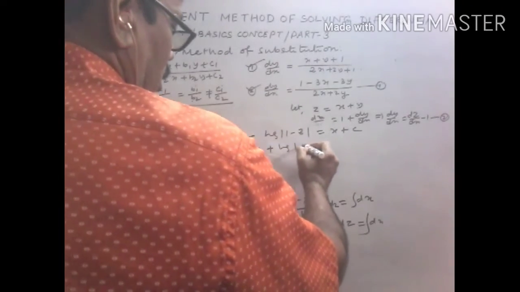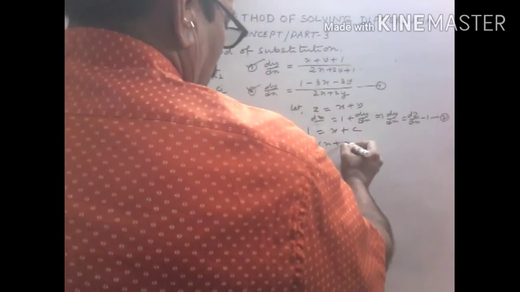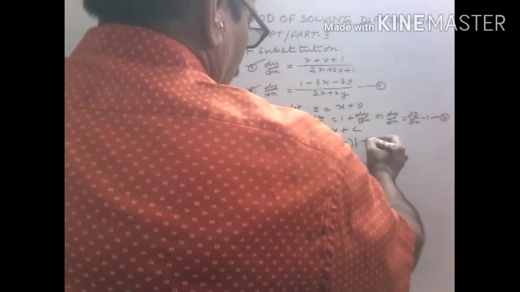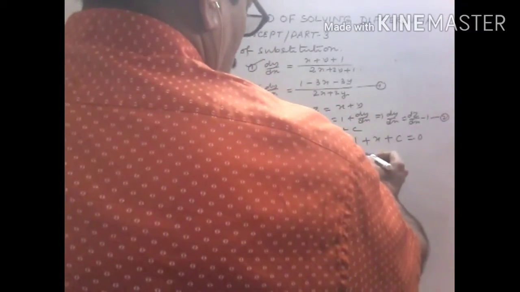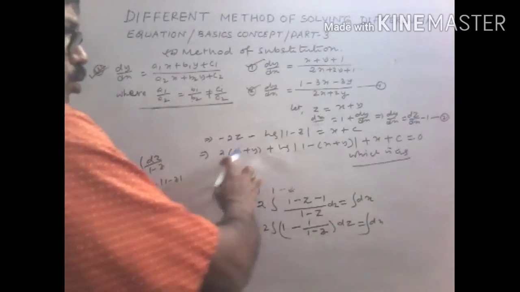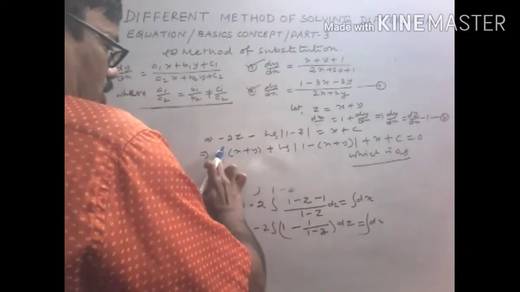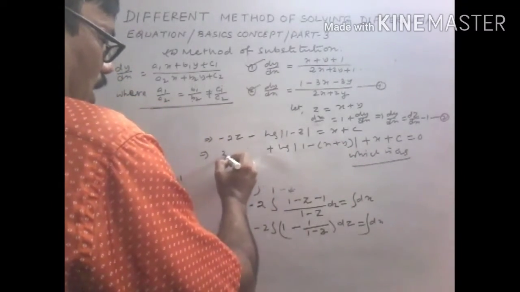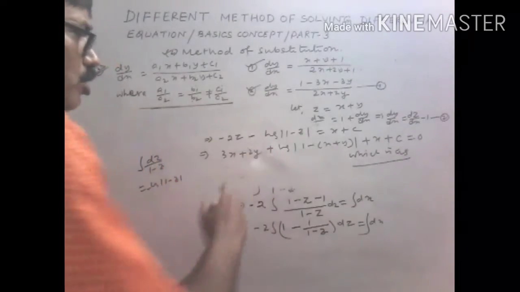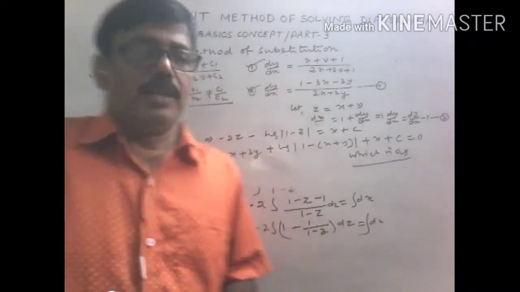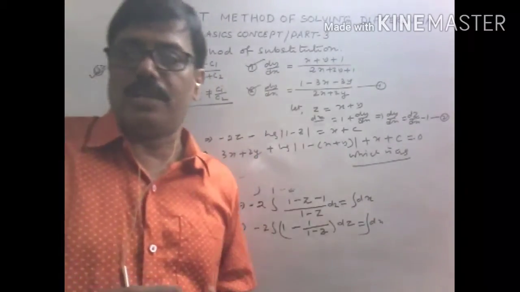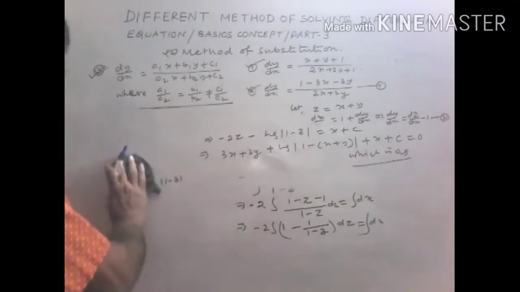If we transfer it to the right hand side, we get a relation equal to 0, which is the general solution. We have to simplify it: 2x plus x, actually it is 3x plus 2y. So the final answer is 3x plus 2y. So this is the substitution method.